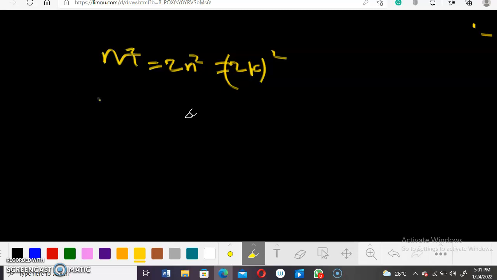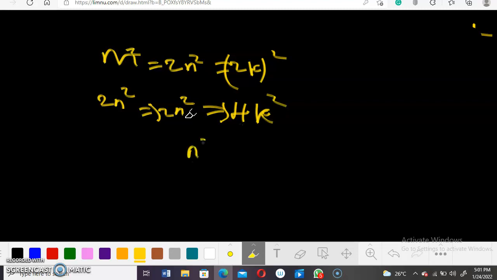So we have 2n squared is equal to 4k squared. So n squared is equal to 2k squared. N is also even.